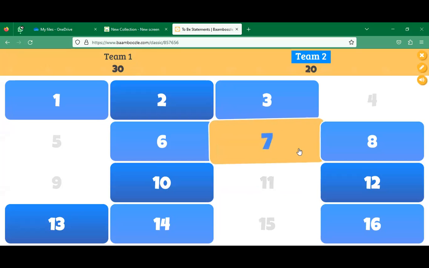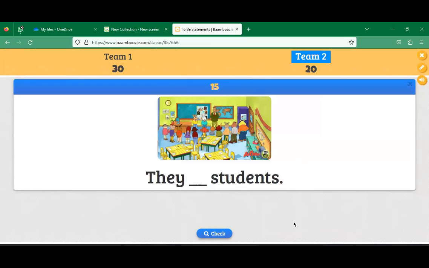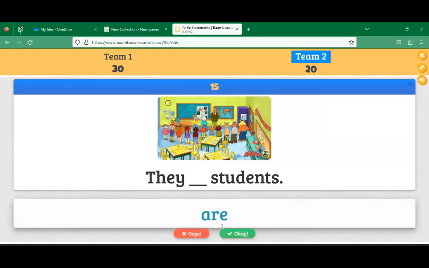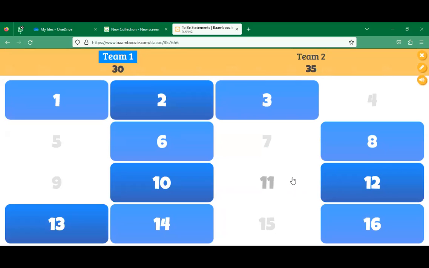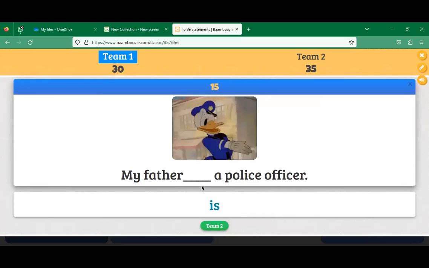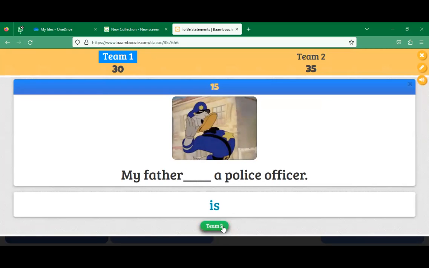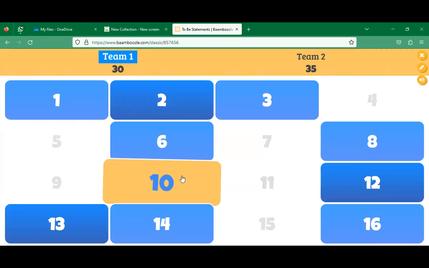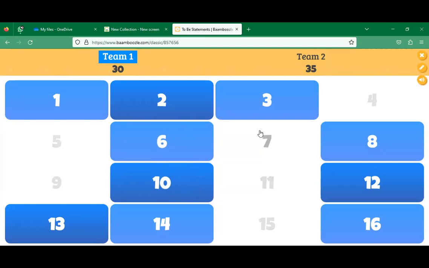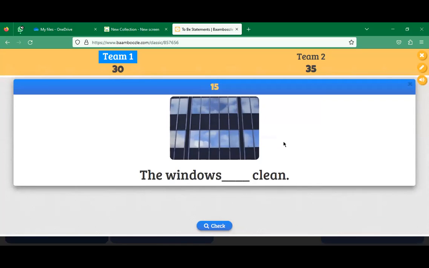Next one. 7. Okay. What about here? Are. Very nice. Next one. 10. Okay. Oops. What was the other one? Sorry. 10. Okay. What about this one?